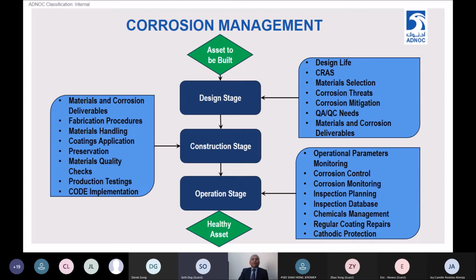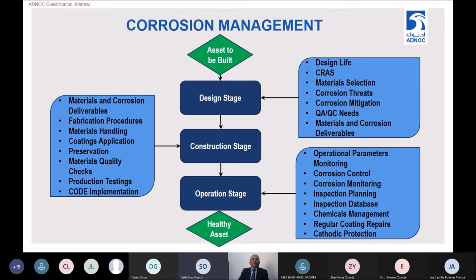So at the design stage, we decide on what the design life should be. We do an initial corrosion risk assessment study, as seen here as CRAS. We talk about material selection at a very early stage in design life to ensure that the economics are properly addressed. Corrosion threats are recognized very early in the design stage.